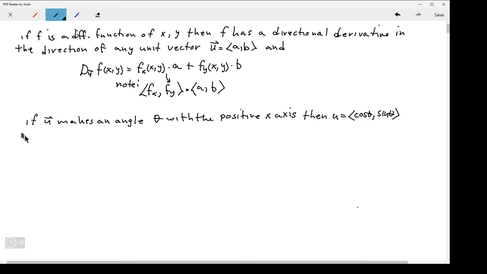Which means that the directional derivative D_u f(x,y) is going to be fx cosine theta plus fy sine theta.